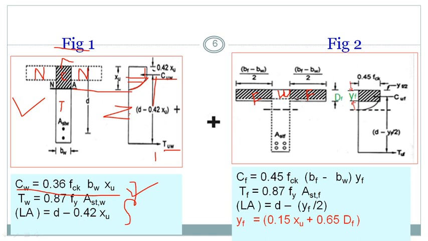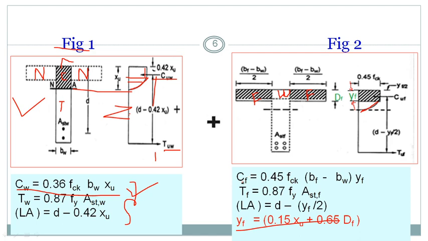Some part of the flange falls in the parabolic region. So the modified depth of the flange is given by IS 456-2000, that is yf equals 0.15 xu plus 0.65 Df. From this formula we can calculate yf.